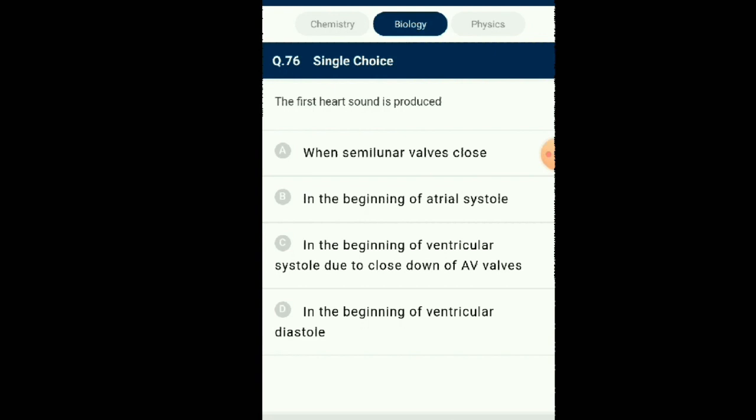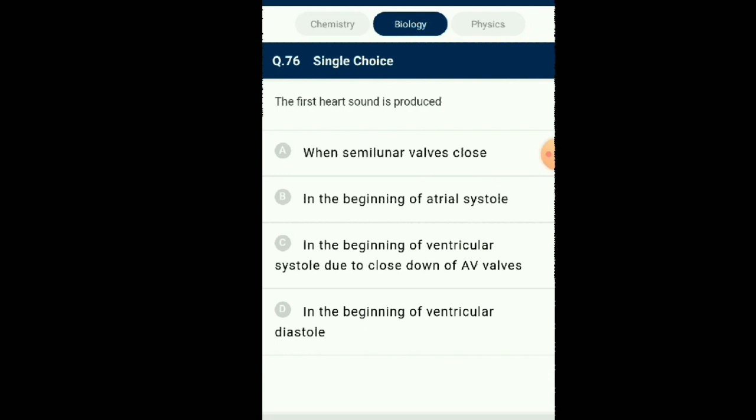Question number 76. The first heart sound is produced during each cardiac cycle. Two prominent sounds are produced which can be easily heard through a stethoscope. These are known as heart sounds. The openings between the atria and ventricles are guarded by atrioventricular valves.